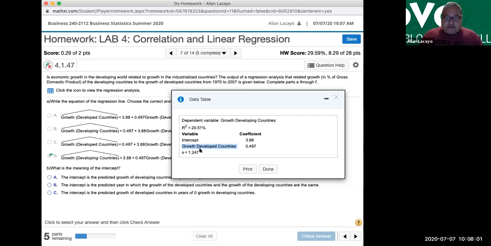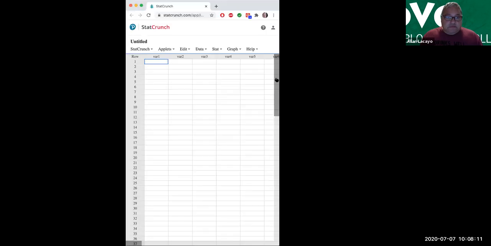So what I'm going to do next is begin from a blank StatCrunch, and set up some ingredients here. The first thing I'm going to do is make a list of things.